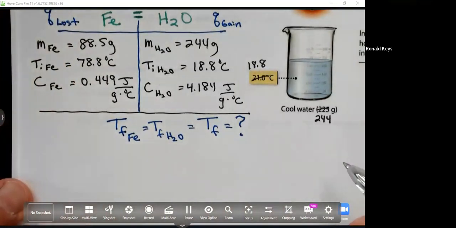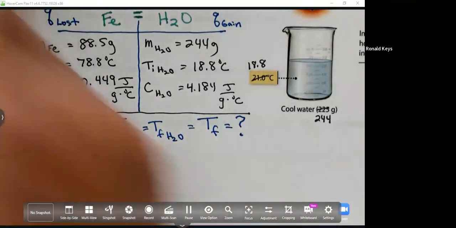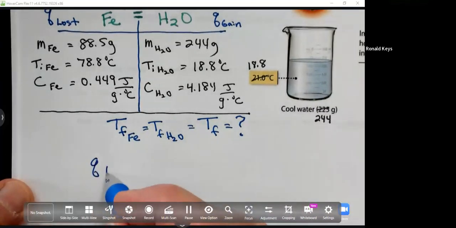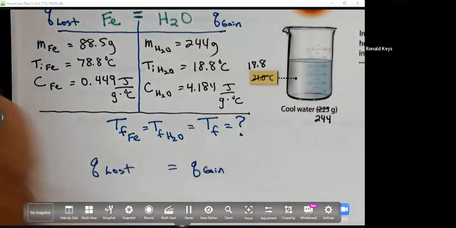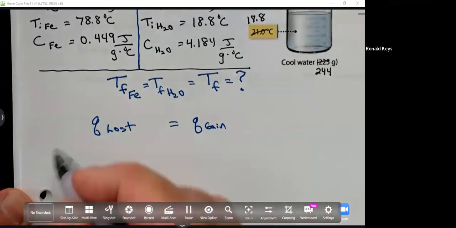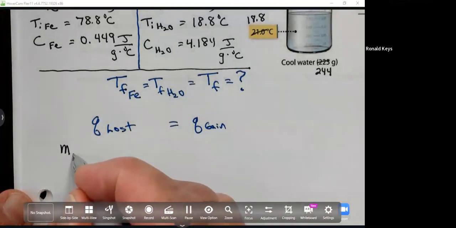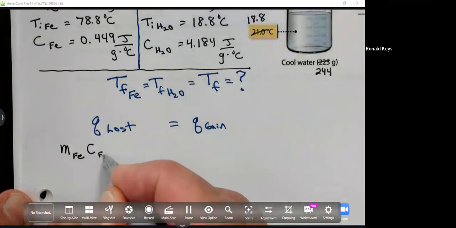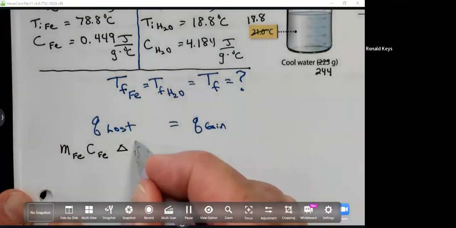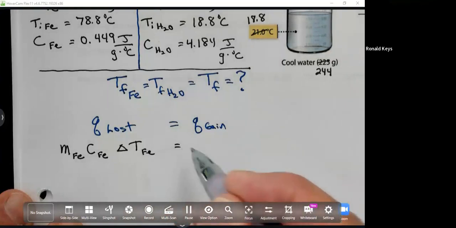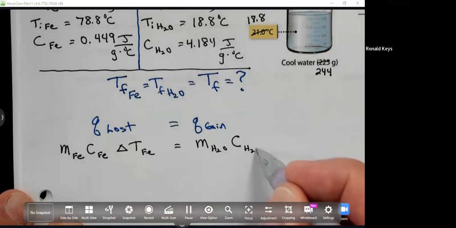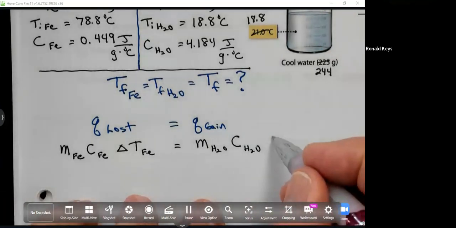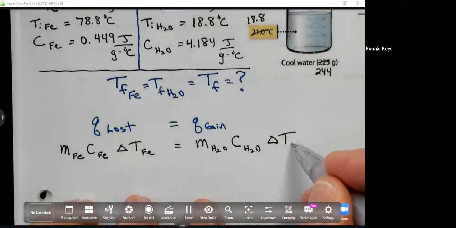We'll set this up as Q loss equals Q gain. That's going to be the mass of iron, specific heat of iron, change in temperature of the iron, equals my mass of water, specific heat of water, change in temperature of the water.